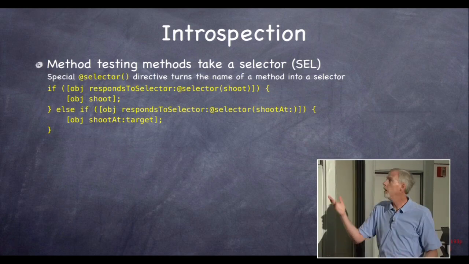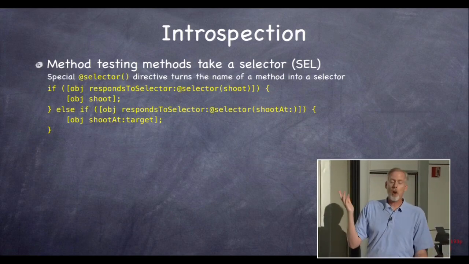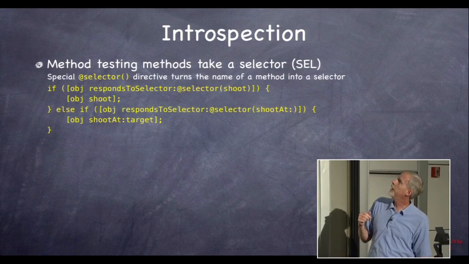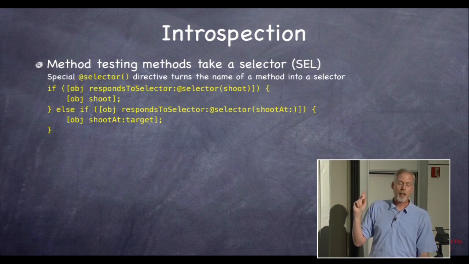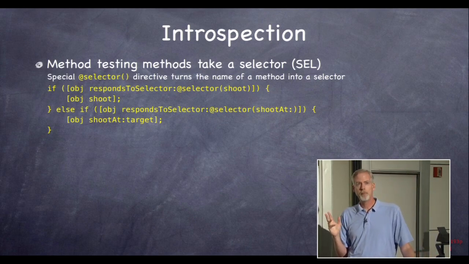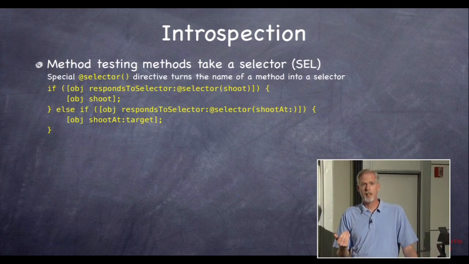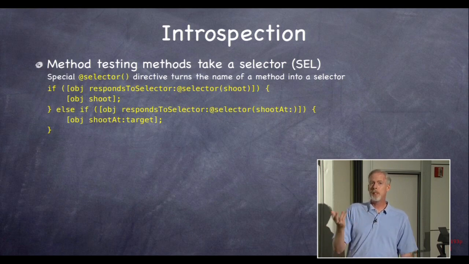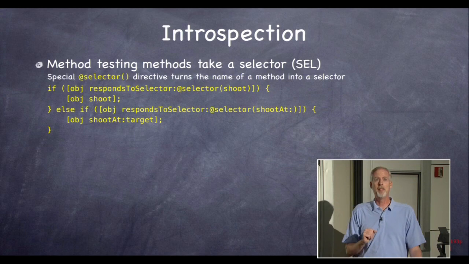Look at the second one, for example, shootAt colon takes one argument, and probably it's an object or something. But in any case, you see obj respondsToSelector shootAt colon, then you can send that message and it won't crash. Notice that the types of the arguments are not encoded here in the @selector. So if you had the same selector that had different argument types, that could be a little bit of an issue, so don't do that.